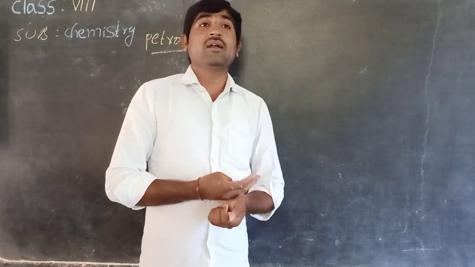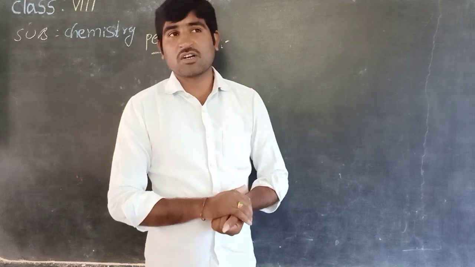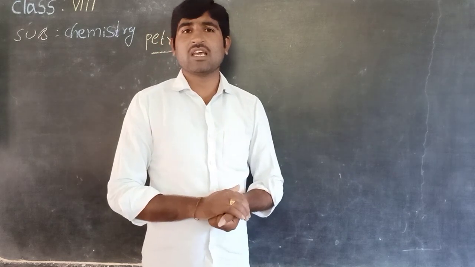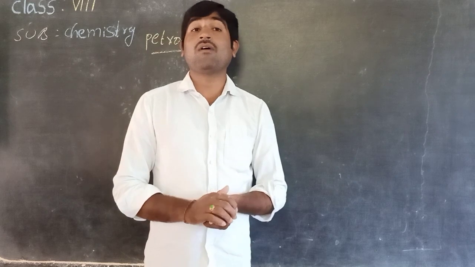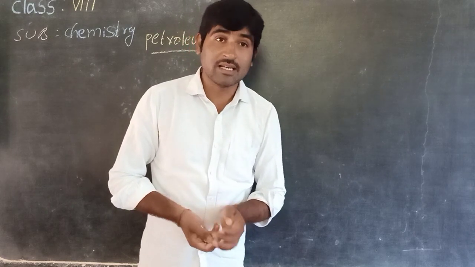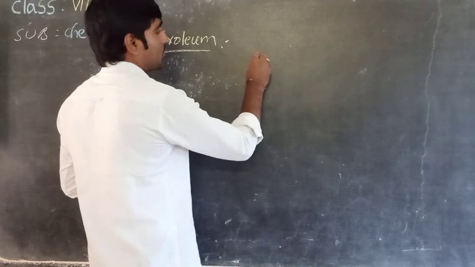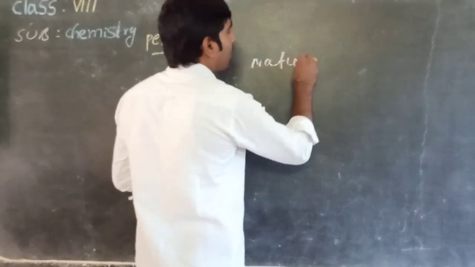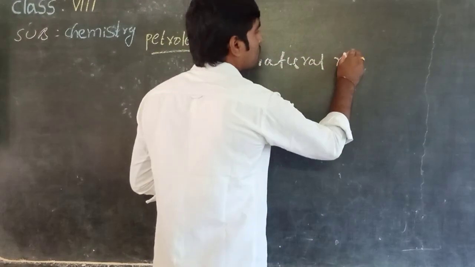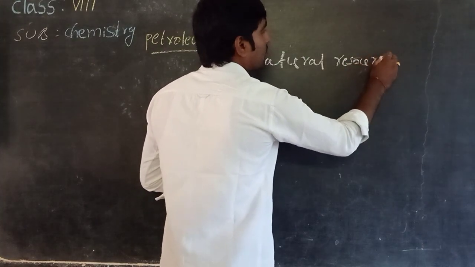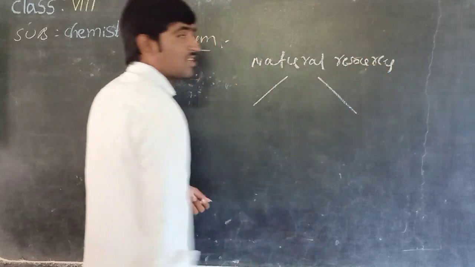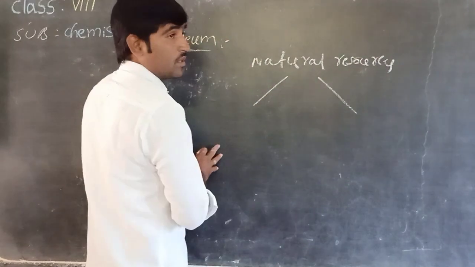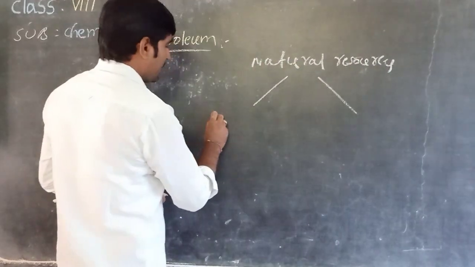After that, depending upon the availability of natural resources, can all the natural resources be available in the same quantity, children? No. Depending upon the availability, natural resources can be classified into two types. What are the two types, children?